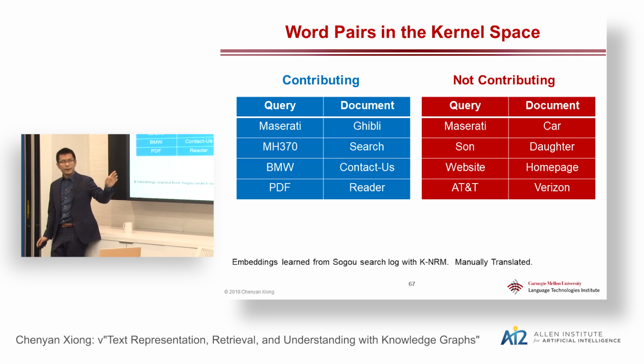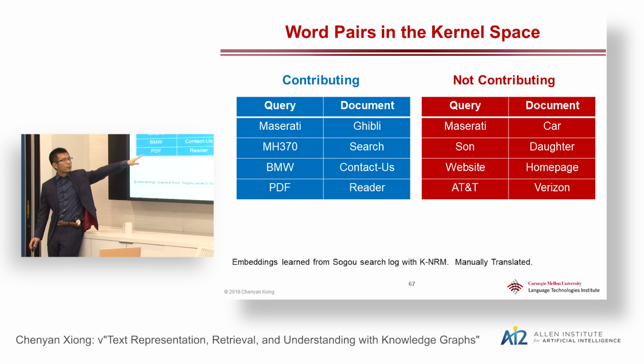And also we can see many very typical similar pairs in the typical word embedding space. When you are searching for son, maybe you are not searching for something about a daughter. And website and homepage, AT&T and Verizon, those are not very useful relevance pairs. But what is more useful is those that are more related to search intents or search tasks.